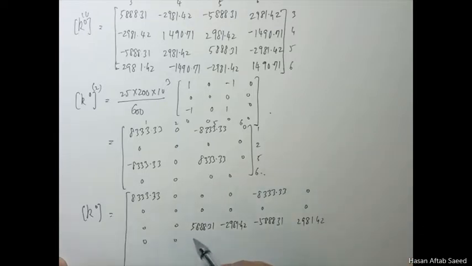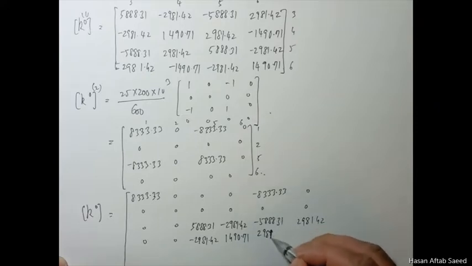Zero, zero, minus 2981.42, 1490.71, then 2981.42, minus 1490.71.